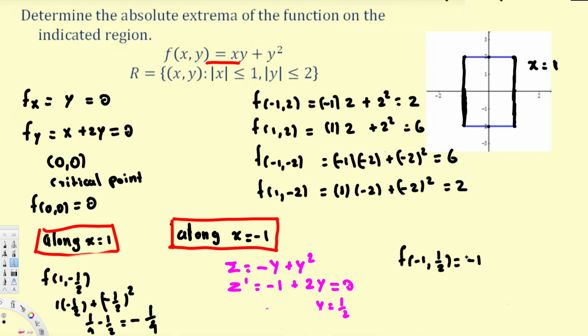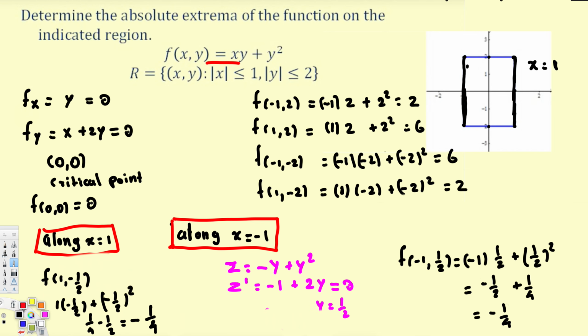X is negative 1 and y is half, and plus y square, that's going to be half square. From this we get negative half plus 1 over 4, and this is going to be negative 2 over 4. So 1 over 4 minus 2 over 4, that's going to give us negative 1 over 4. So this one also negative 1 over 4, and this one also negative 1 over 4. So that's along the x is equal to negative 1 and x is equal to positive 1 paths.